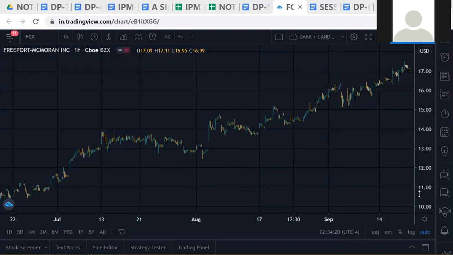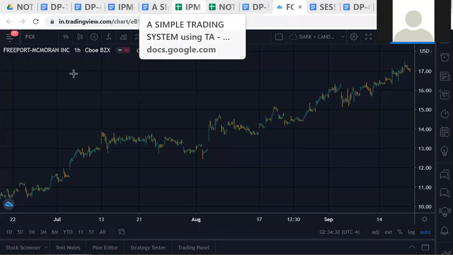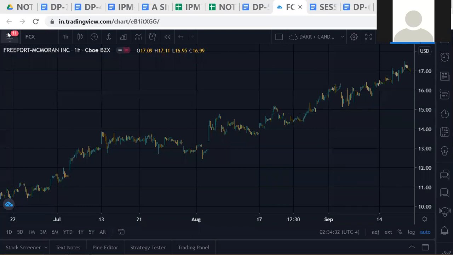Hopefully you can read the numbers on the scale. Can you read it, Aman? 11, 12, 13, 14. Yes, sir. Now give me an approximate number, you don't have to be exact because you can't use the cursor, but approximately where do you think the exit price, where do you think the stop should be? How many dollars?